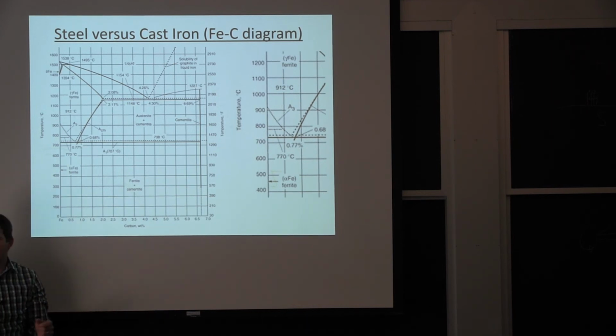The reason for trying to use oil instead of water, trying to use air instead of oil, is distortion. Because when I take the piece of steel and I put it in the water, the outside gets really cold quickly, the inside stays warm, and if I have different thicknesses, you get distortion.